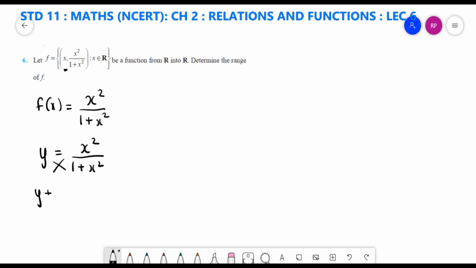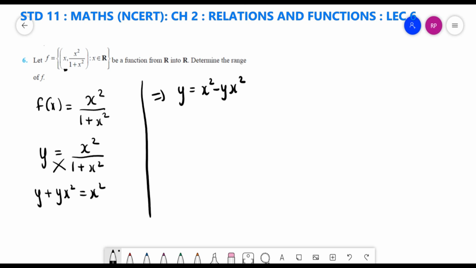So now cross multiply it: y into 1, y plus yx square equal to x square. Clear? Now I need to find out the formula for x. So y equal to x square minus yx square. Okay, so y equal to x square common 1 minus y. What will be x square? x square will be equal to y upon 1 minus y.